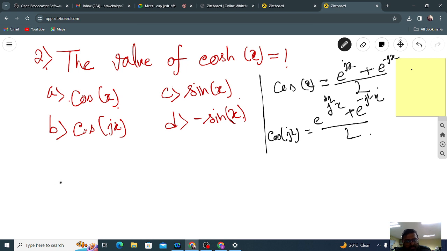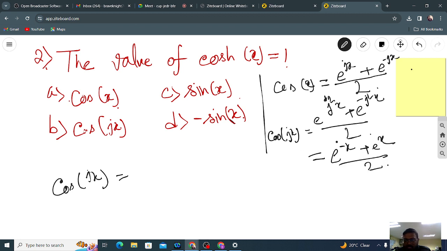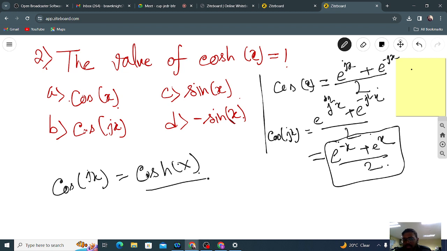So the value of cos of jx can be written as e to the power minus x plus e to the power x by 2. So this is the formula for cosh of x. So correct option is option B.